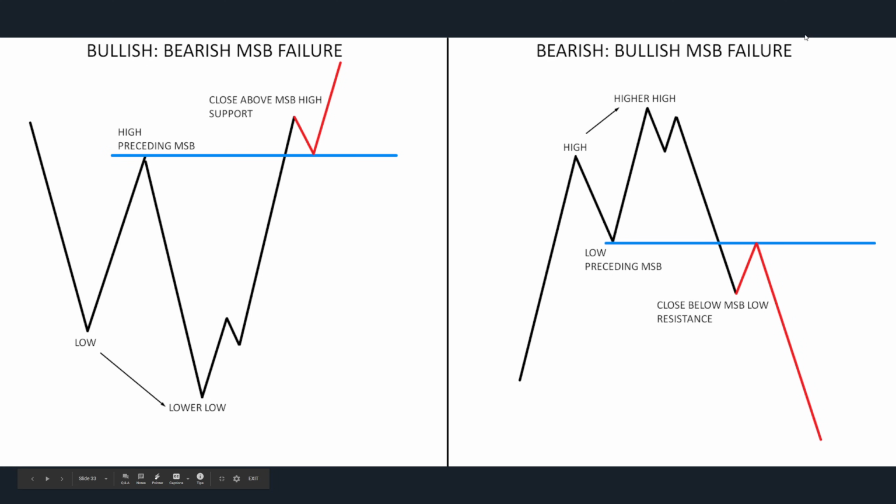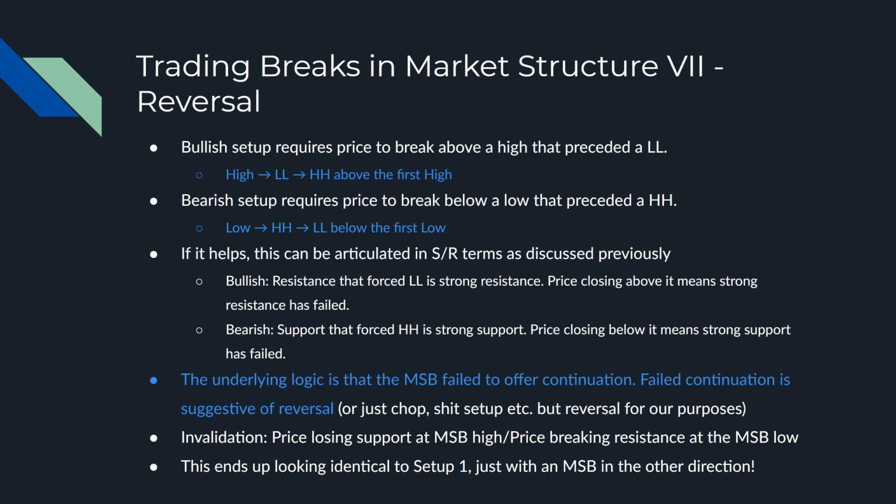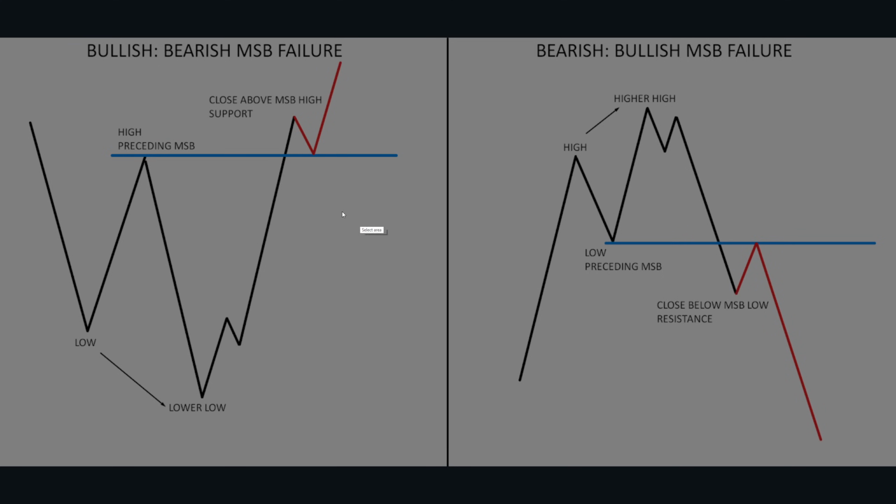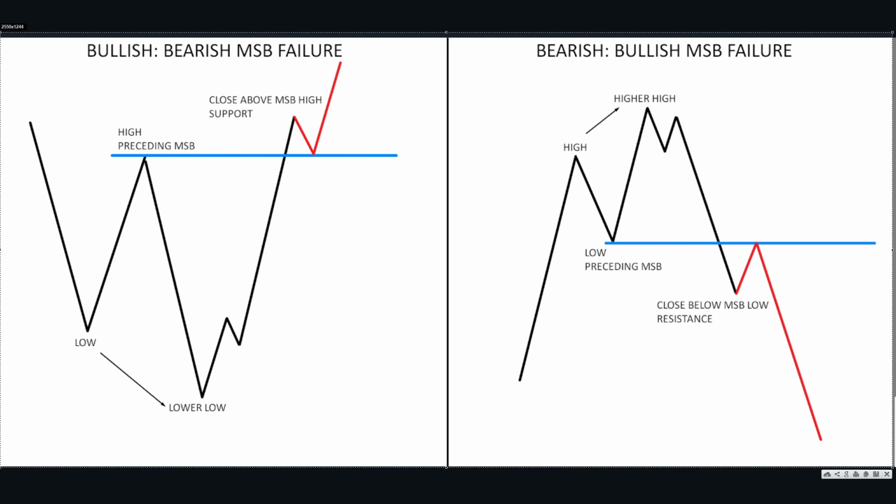So here's what that looks like. As foreshadowed in the last point of this slide, this ends up looking identical to setup 1, which is the bread and butter support resistance flip, just with an MSB in the other direction as part of the preceding context. So again, setup number 1 is just this: breakout, retest up, breakdown, retest down.